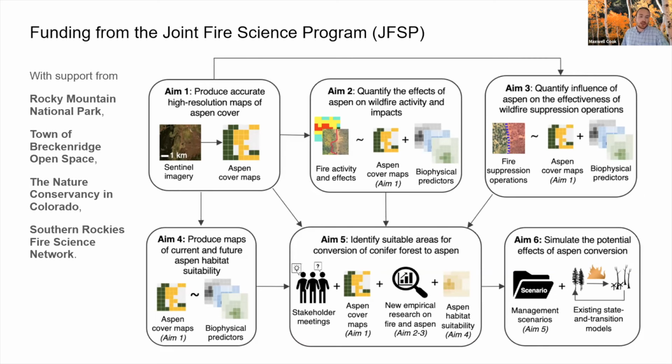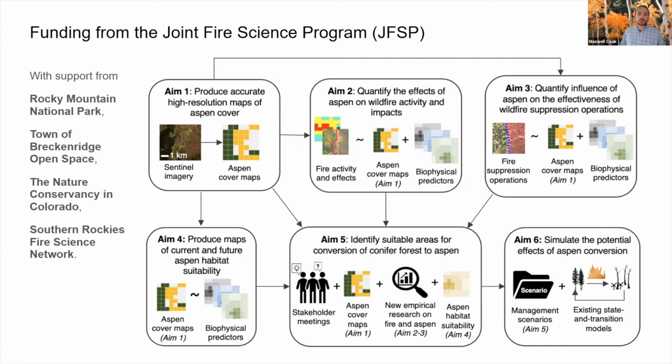What we see is aim 1, we need better maps of aspen coverage. So that's the first step, building better maps based on high resolution satellite data. And then we want to quantify the influence of aspen presence on wildfire activity and suppression operations. But then we want to move to actually producing maps of current and future habitat suitability and suitable areas for conversion of conifer forest to aspen, or at least of expansion of current aspen forests.